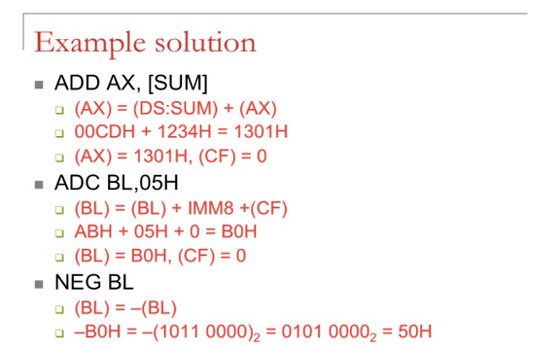So this ADD instruction will set the carry flag to 0 because there's no carry bit generated. If there is, then that carry flag should be a 1. Also, it's going to store the sum into the destination operand, which is AX. So AX will have 1301 in hexadecimal.